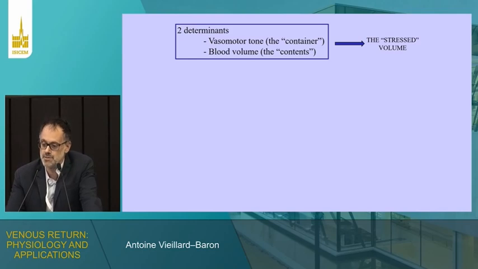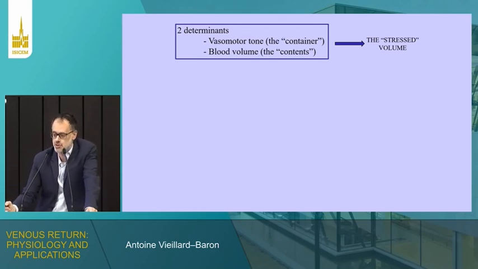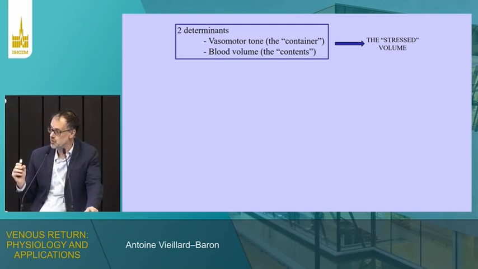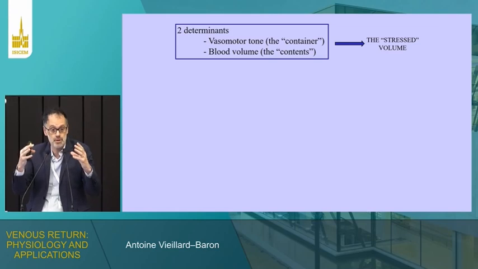The first one is the property of the container, so the property of the circulation on the arterial tree, but also on the venous tree. And the second point, of course, is the amount of blood inside the circulation, and especially what we call the stressed volume, the volume which is able to generate the pressure, and not just to open the vessel.